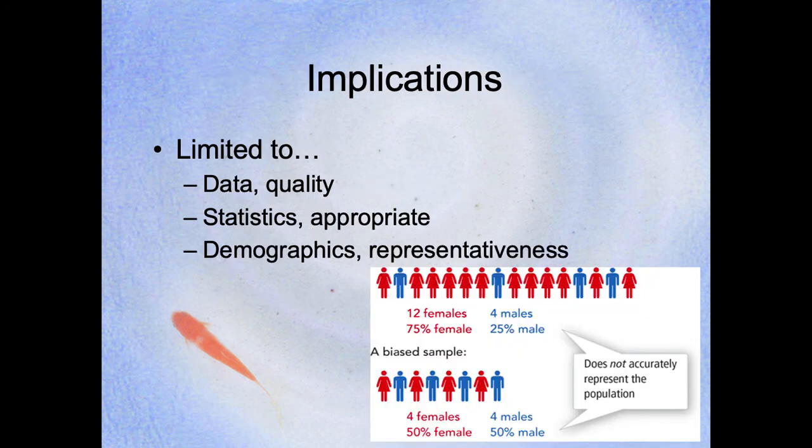Anyways, the implications of your studies are limited by all sorts of things related to your study, right? So when you make that final leap back to the population, the quality of your data, I should say, is important, right? So if you have scales that are unreliable, data that seems misleading, the implications you can draw from that are very limited, right?